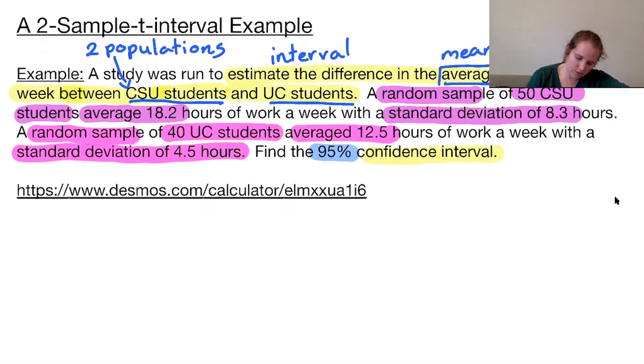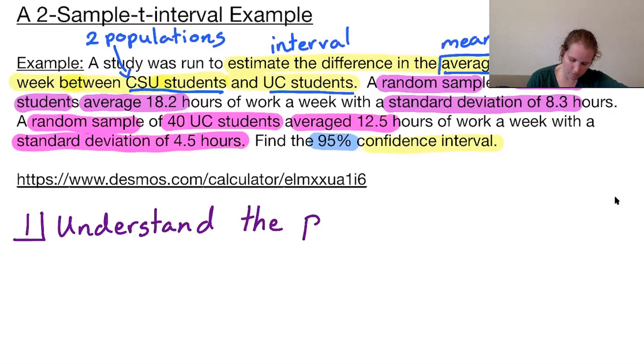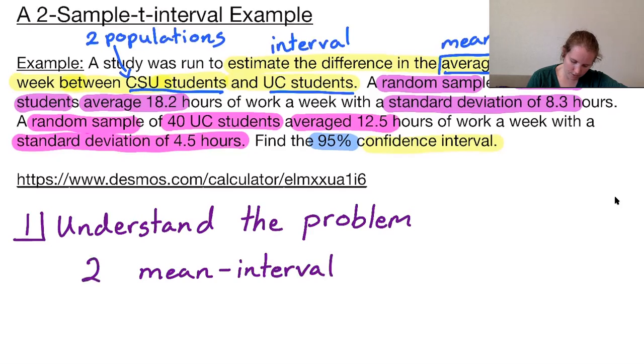So just in terms of our usual setup, the very first thing we need to do is understand the problem. So we figured out that we are working with the mean, doing an interval, and we're looking at two populations.